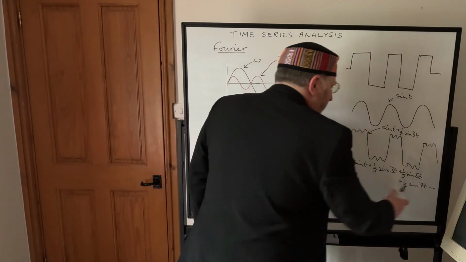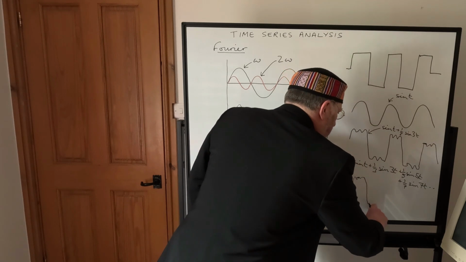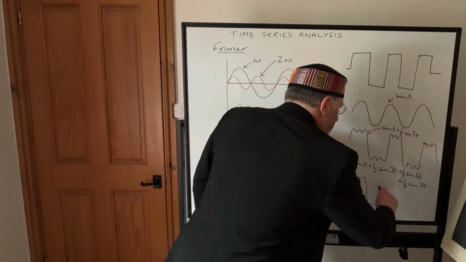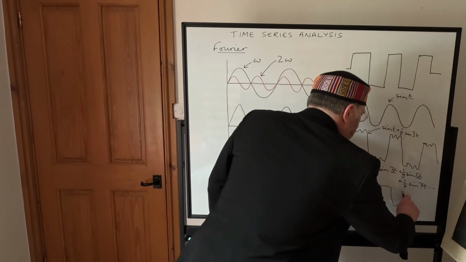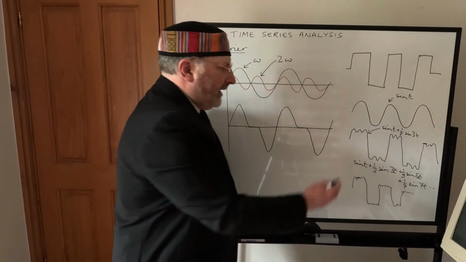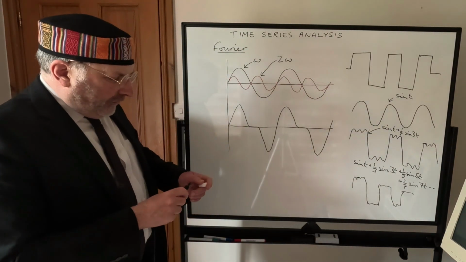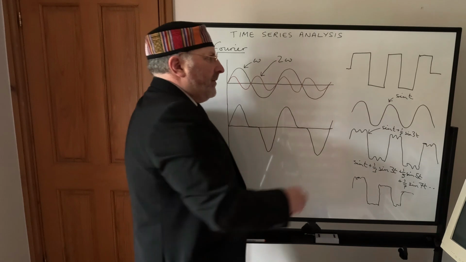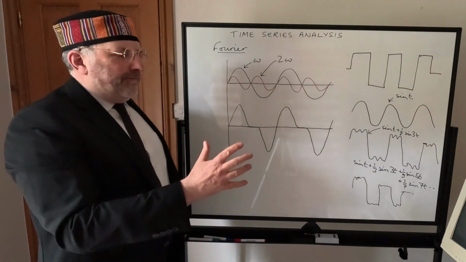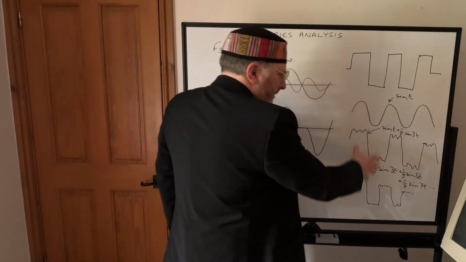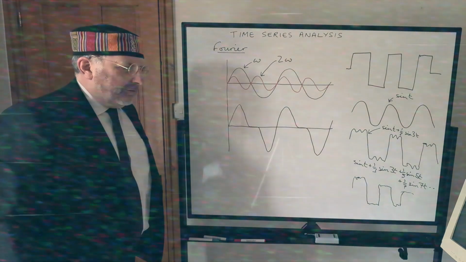And the more terms we add, the closer this gets to a square wave. And if we continue this to infinity, we would get exactly a square wave. So that repeats the point that we can take any arbitrary waveform and it can be decomposed into some combination of sine waves.